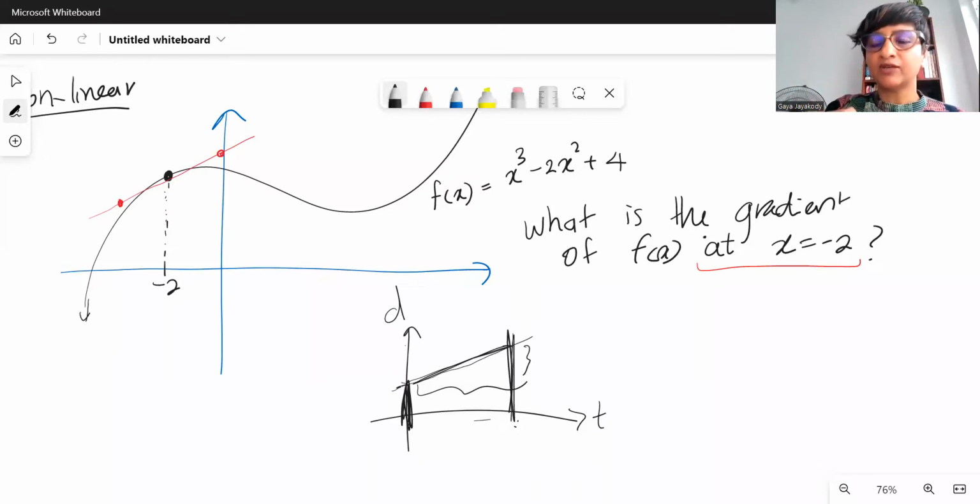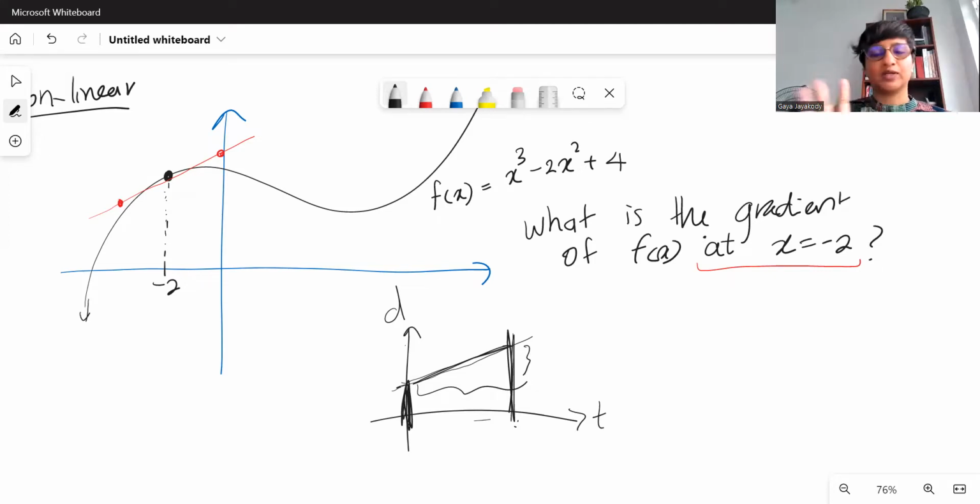To calculate speed you need some distance and you divide by the time taken to travel that distance. There is no distance at a single point. So you can't calculate the gradient at one point, because for the gradient you need 2 points.